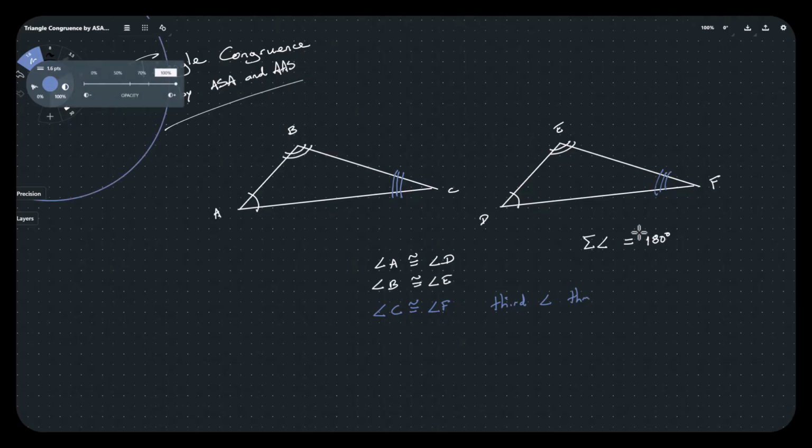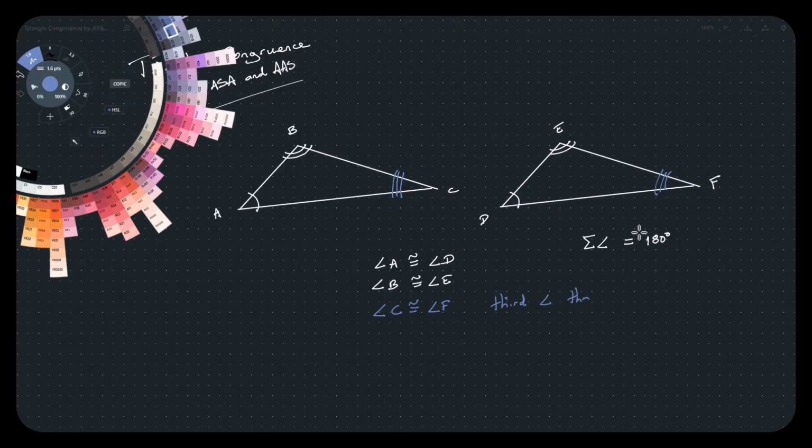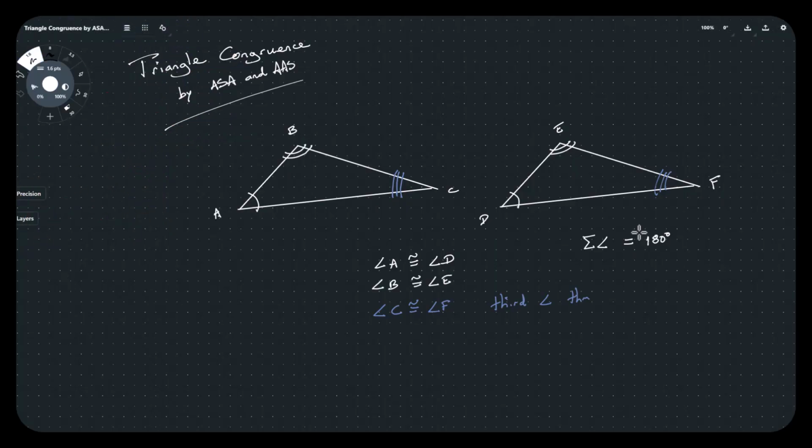These other two, these were given pieces. Given. Well, I know my angles are all congruent, and at this point, if I were to stop my proof right here, that would be enough to say triangle ABC is similar to triangle DEF, meaning one is scaled on the other.